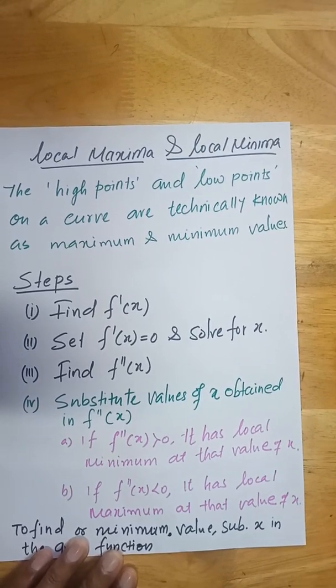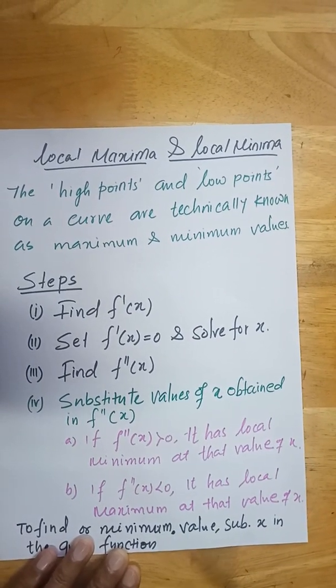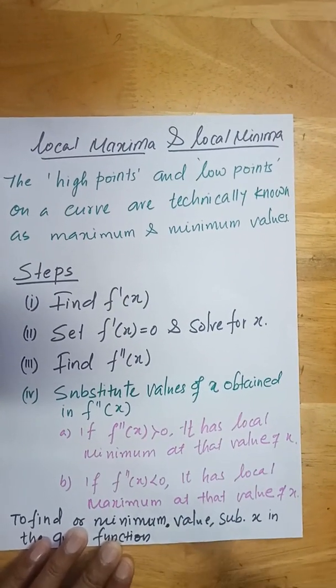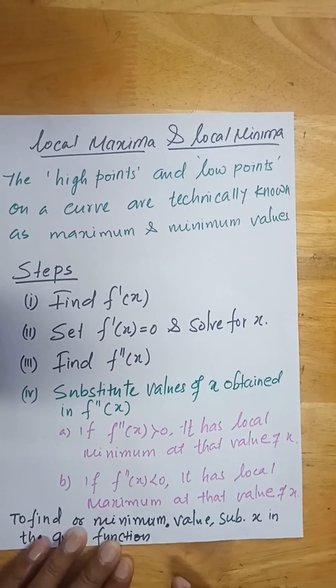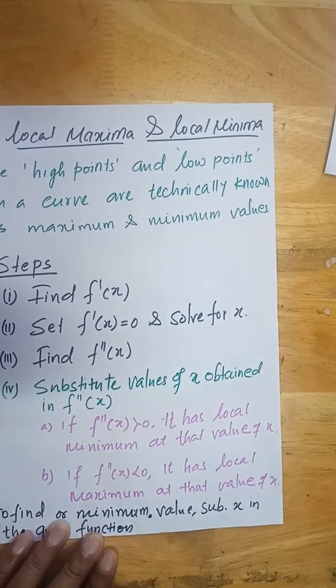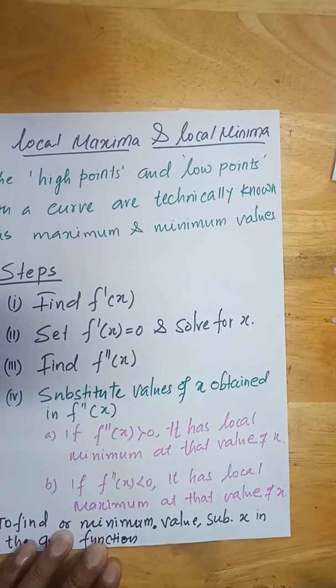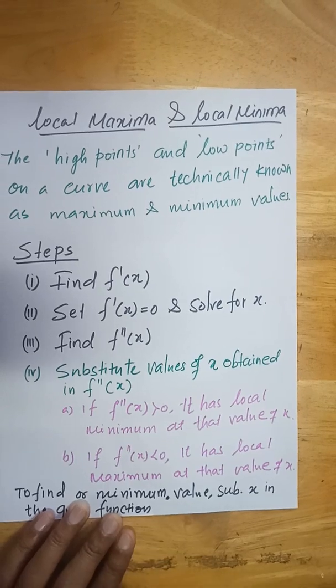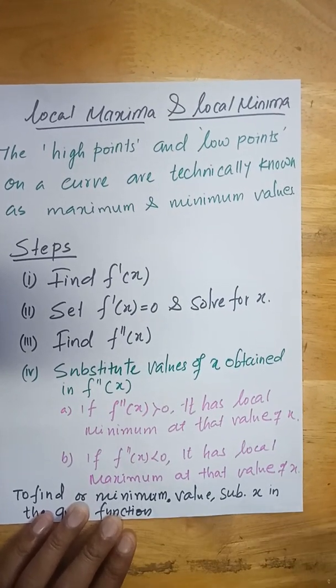But it does not happen most of the time. You are going to get the equation in f double dash of x. If you get a function in f double dash of x, what you need to do is substitute the value obtained in step number 2 in step number 3 and check whether it's greater than 0 or less than 0. So this will give you whether it has maximum or minimum at that value of x.